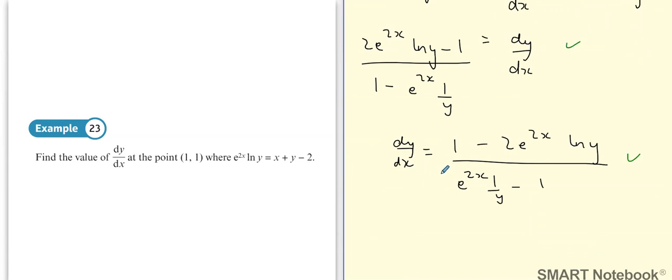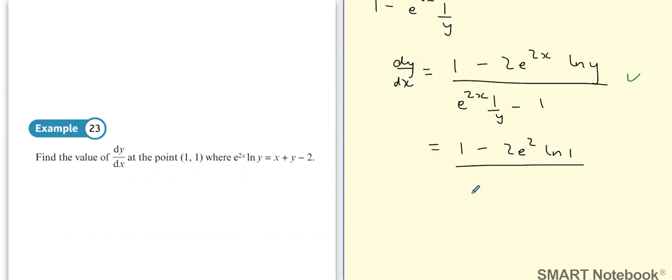Now the question is saying find the value of dy by dx at the point where the x coordinate is 1 and the y coordinate is 1. So I can now substitute x and y coordinates in there. When I substitute x equals 1 and y equals 1, I get 1 minus 2e to the 2 ln 1 over e to the 2 times 1 over 1, minus 1. But ln 1 is equal to 0.